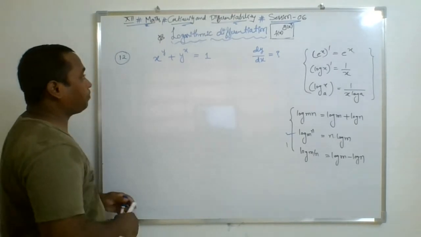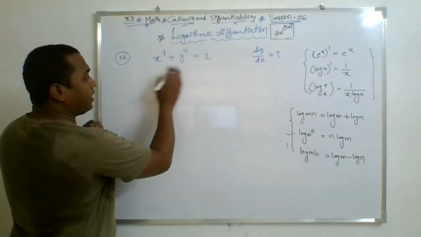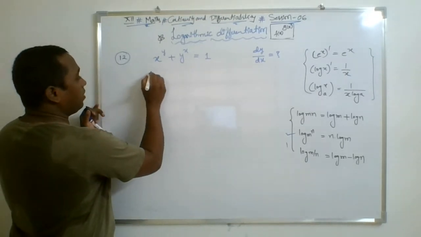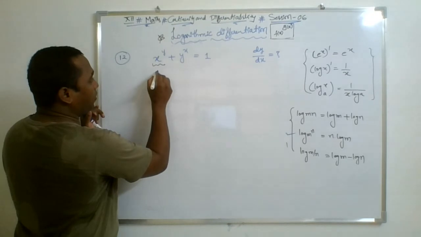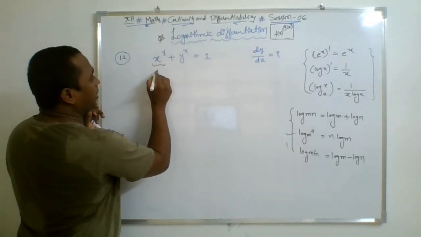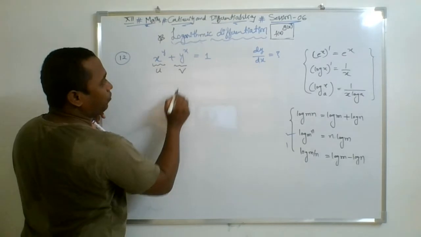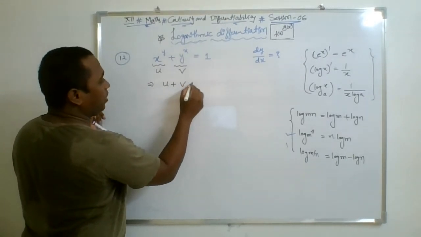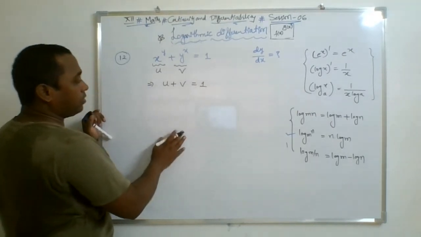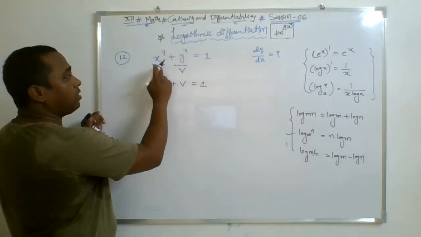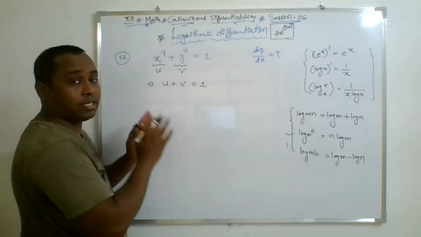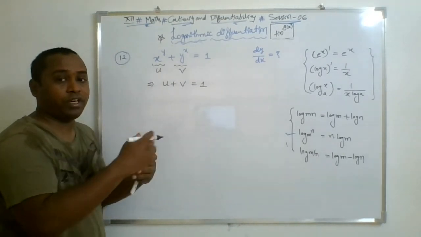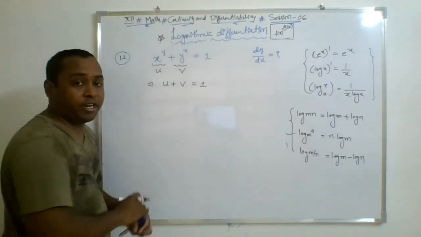So what I am taking here: I can take this as a simple unit function like u, and I am assuming the other as v. So the equation becomes u plus v is equal to 1. Since both are in the form of function power function, I am taking each individual function as u, v, so that the equation becomes simple.